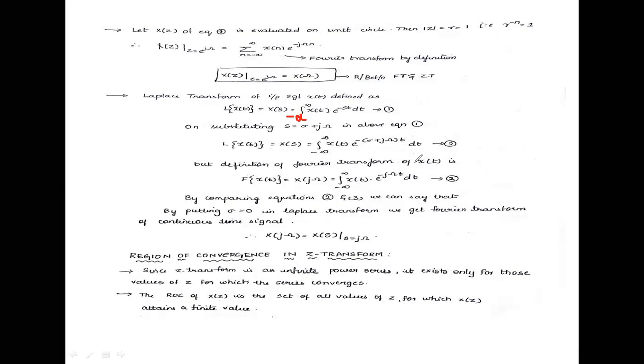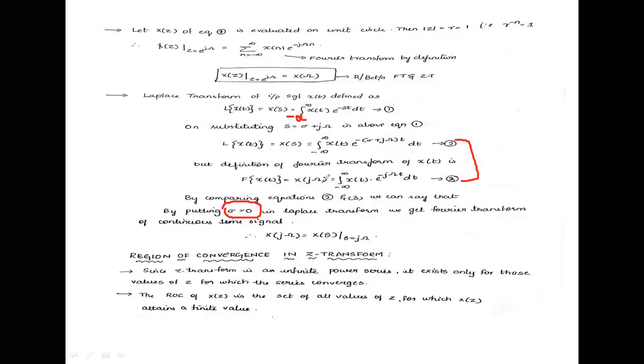But by the definition of the Fourier transform of x of t, X of j omega, or X of omega, you can write X of omega equal to the integral from minus infinity to infinity of x of t e to the power minus j omega t dt. Comparing equations 2 and 3, we can say that by replacing sigma equal to 0, e to the power 0 is 1.